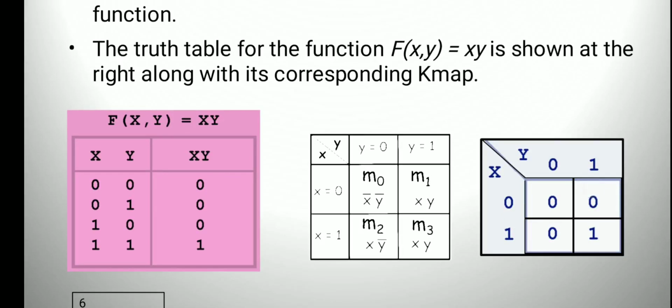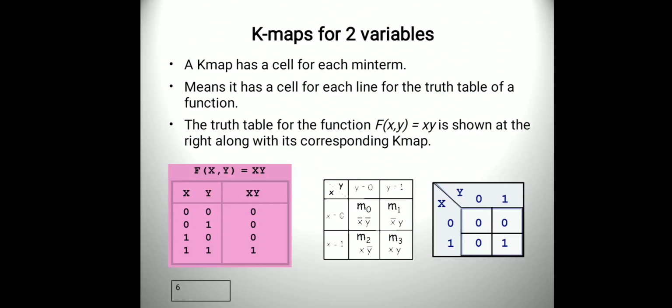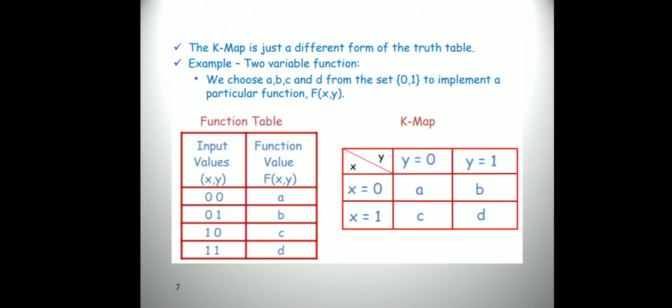Therefore, in this place, we put 0. When x is equal to 1, y is equal to 0, output is again 0. Therefore, in place of M2, we place 0. When x is equal to 1, y is equal to 1, output is 1. Therefore, this 1 is placed here. M3 is 1. This is plotting the K-map for a given truth table in two variables.